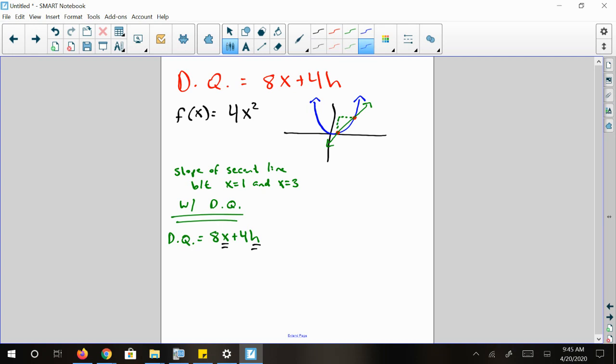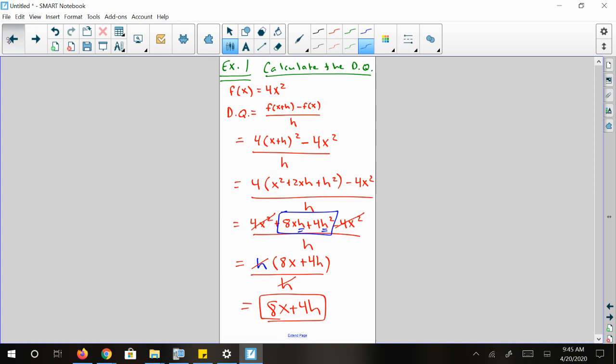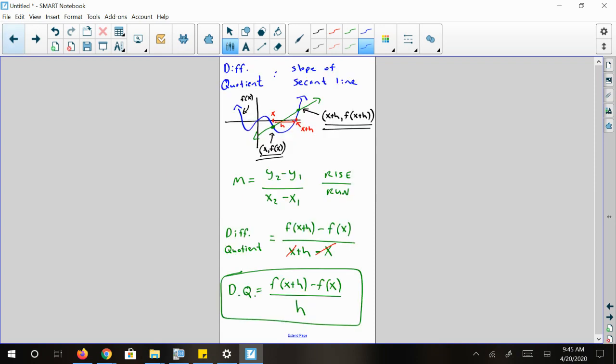If I use x equals 1 to find the difference quotient, I would plug in 1 for x, but then I would also need an h value. If you remember from my explanation of the difference quotient, my h value is the distance from one x value to the next x value. This h value is what you add to get from the first x value to the next x value.